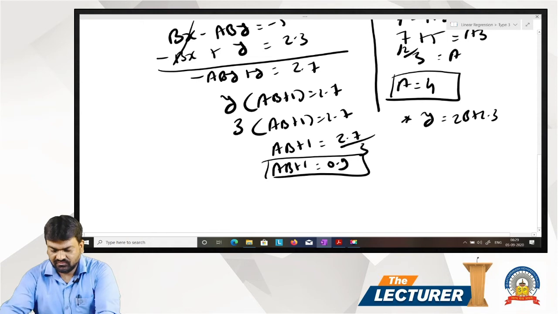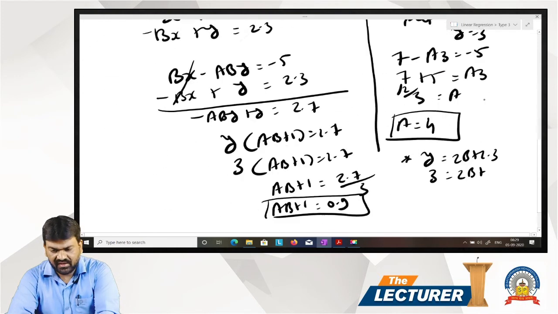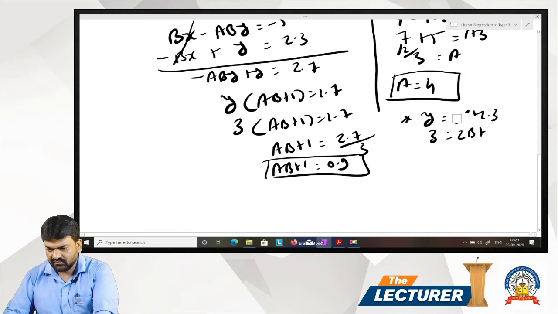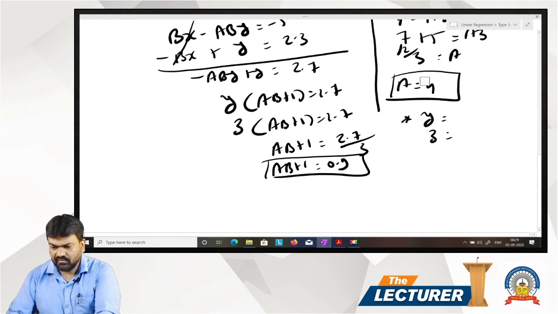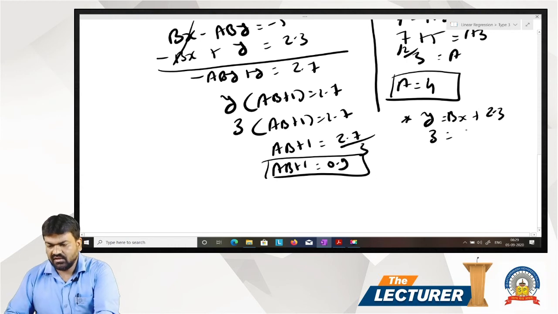Y bar is equal to 3, x bar 7, 3, this is bx, sorry, not 2b, bx, this is 2bx plus 2.3, 3bx, x bar means 7, 2.3, 3 plus 3 minus 2.3, 3 minus 2.3 is equal to 7b.